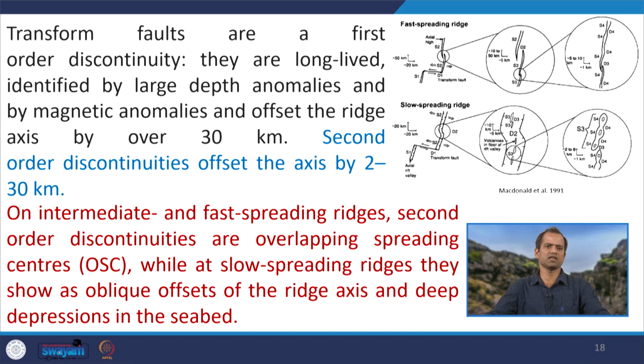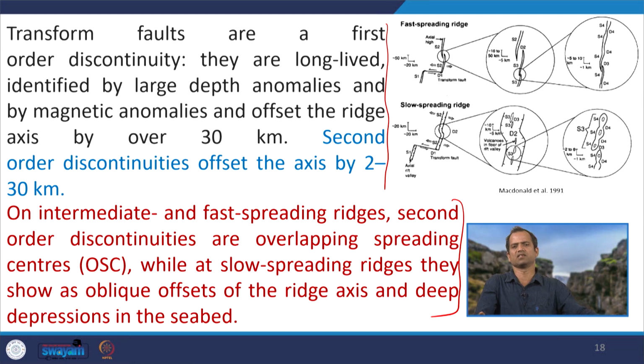On intermediate and fast spreading ridges, second order discontinuities are overlapping spreading centers, while at slow spreading ridges they are slow oblique offsets of the ridge axis and deep depressions in the seabed. So, these represent different degrees of discontinuities, and they represent the geomorphological changes, the magma pockets, that means the compositional variations along this ridge axis.